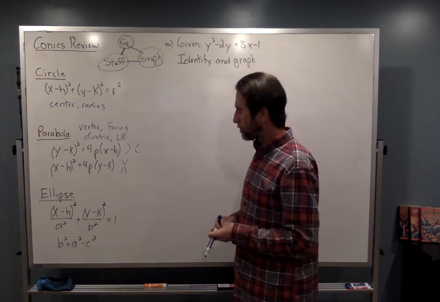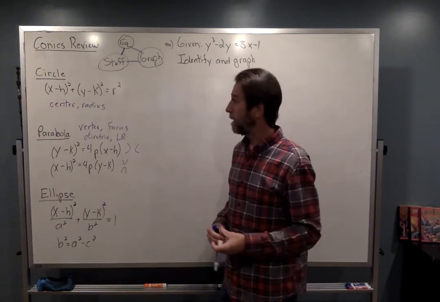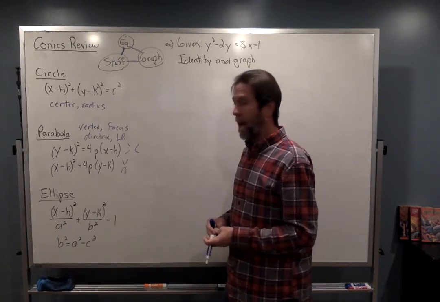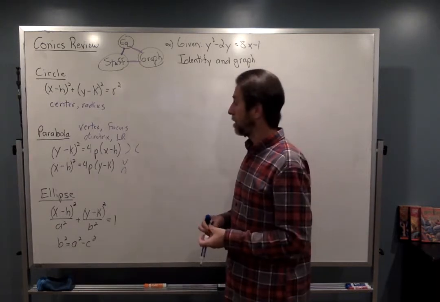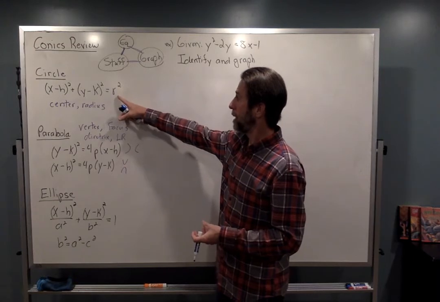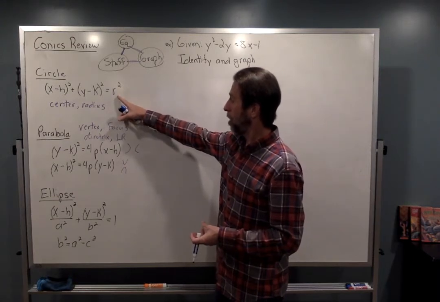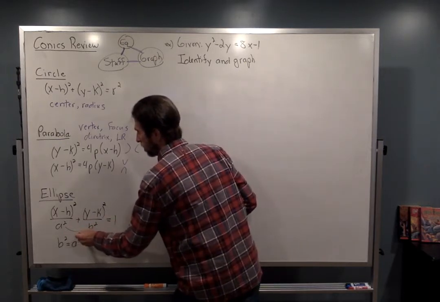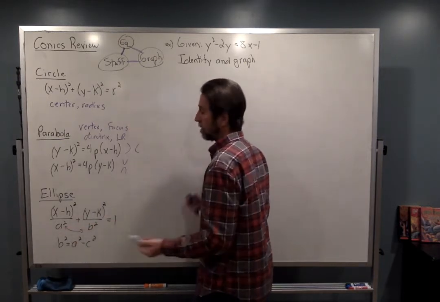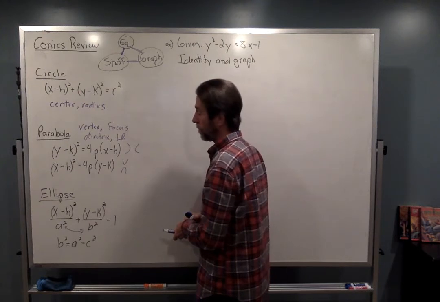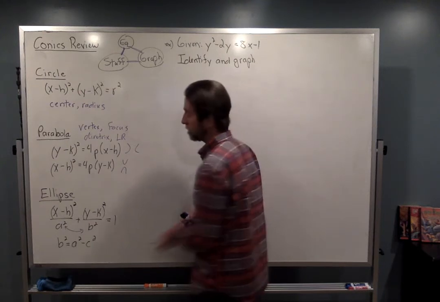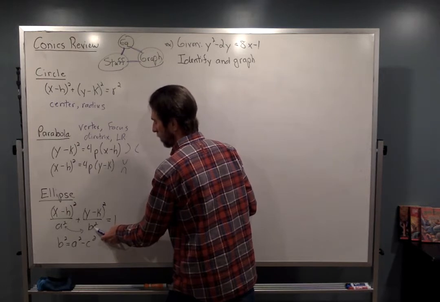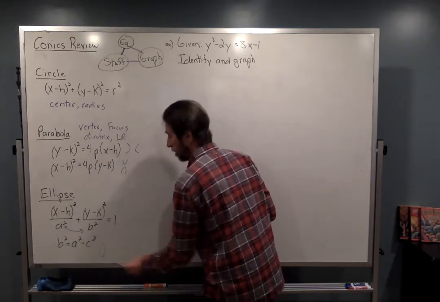The ellipse, we know what an ellipse looks like. It's kind of a very general form of a circle, but what we have are 2 axes instead of just 1. Here we can think of the major and minor axis both being the same, r. Here it's a and b. And these a and b's can be switched. a is always bigger than b because it's half the length of the major axis. So if the larger number is under the y, it's going to be kind of a vertical ellipse.